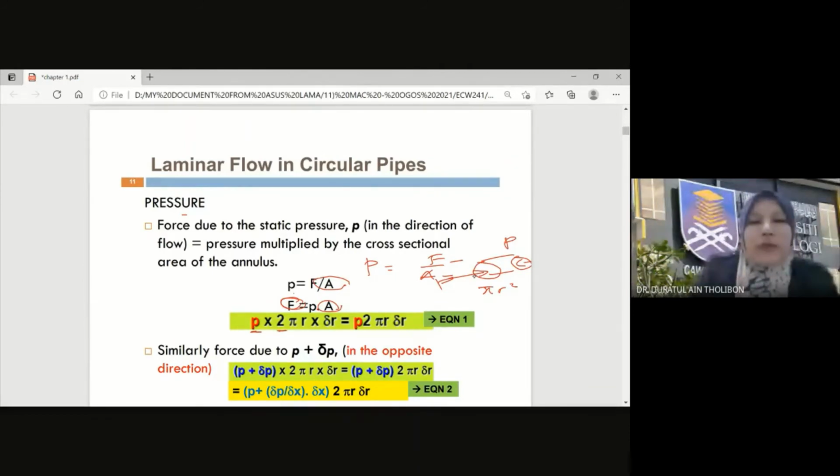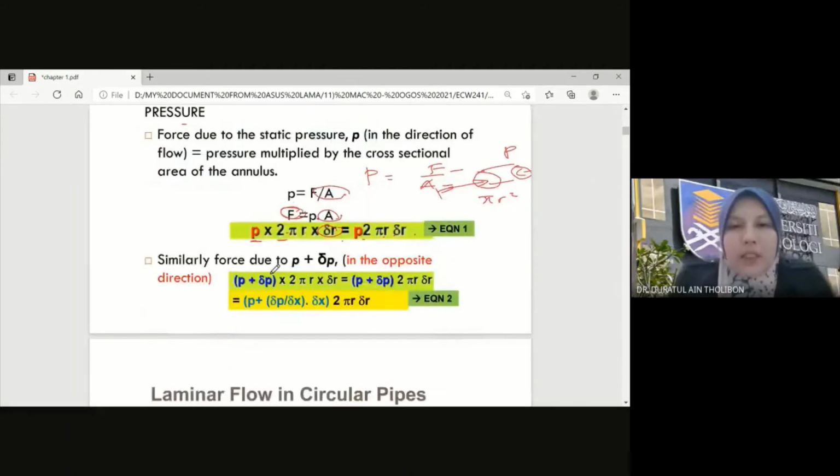Okay, so pi r square, so we get P times pi r square. And then when we measure the force due to pressure plus the differential in the opposite direction, again we have P plus dP, times pi r square again.